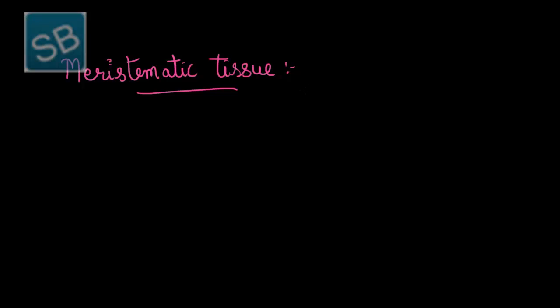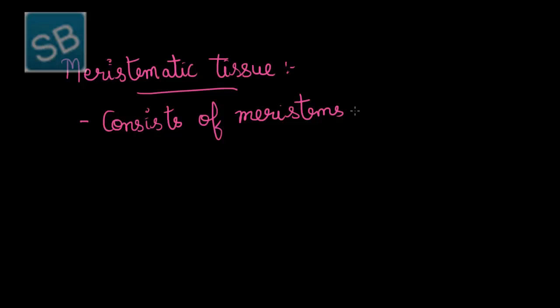As said earlier, meristematic tissue is a group of cells that are formed due to cell division. Therefore, this tissue consists of meristem, that is actively dividing cells.